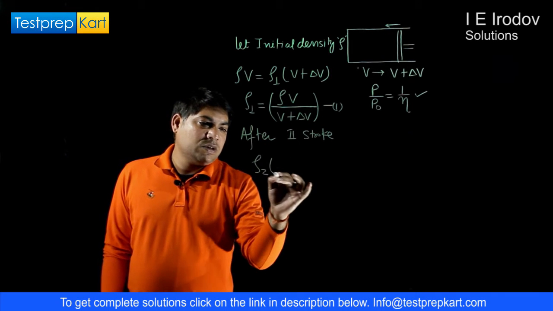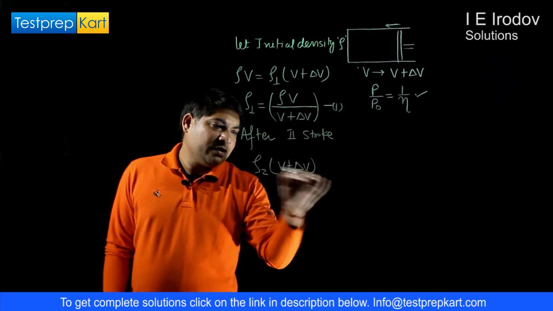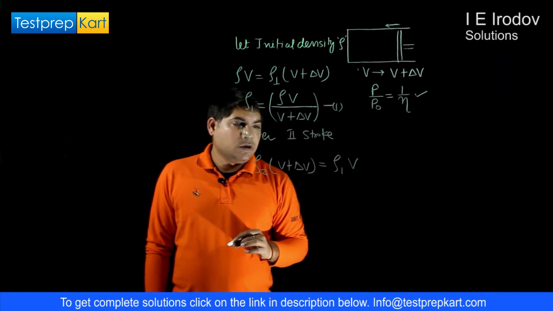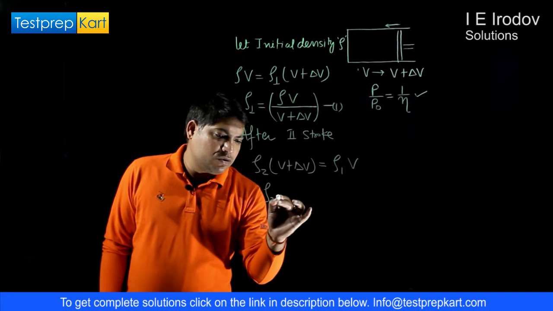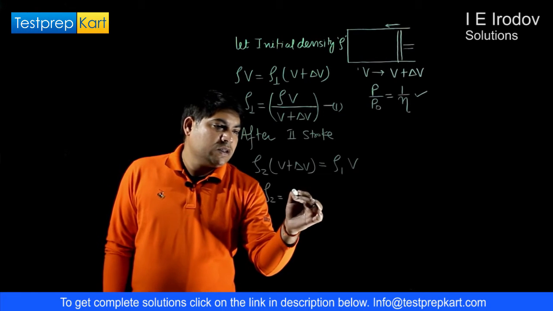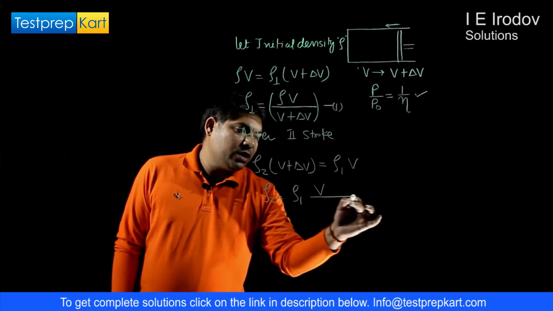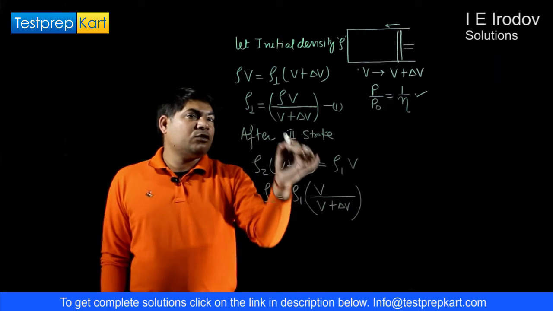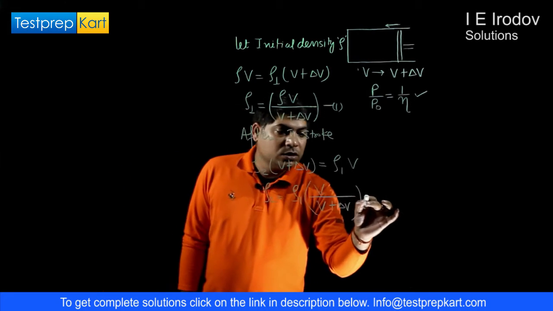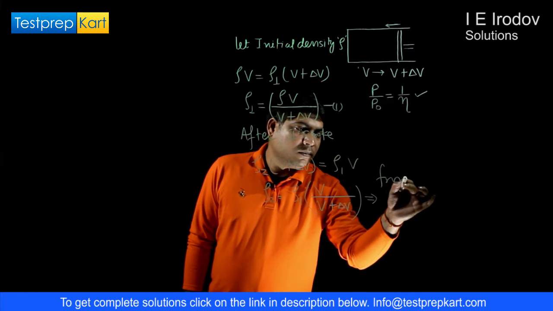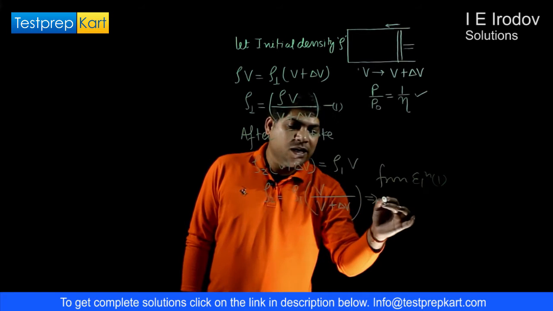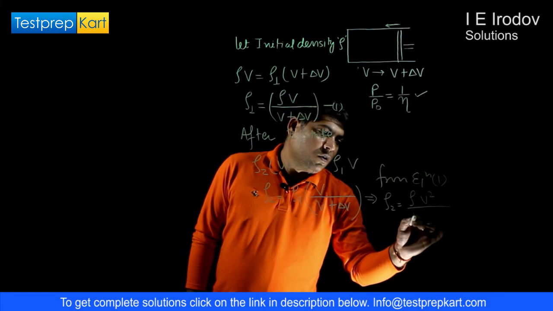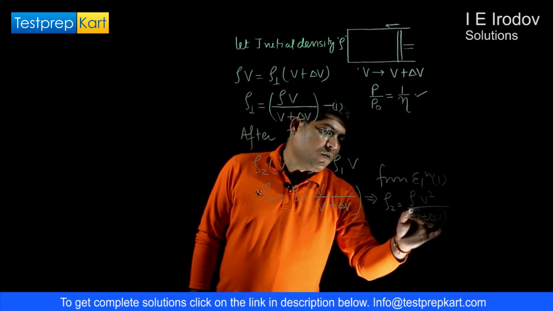Density rho 2 is equal to rho 1 into V over V plus delta V. Substituting rho 1 from equation 1, we get rho 2 is equal to rho V square over V plus delta V whole square.